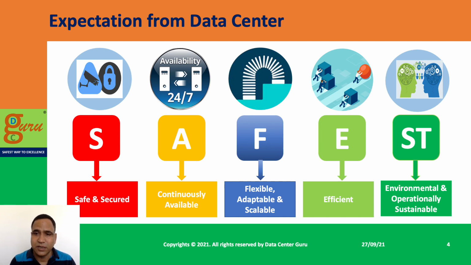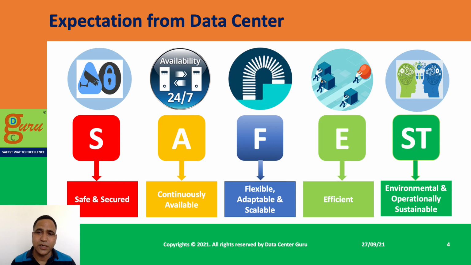A data center cannot withstand interruptions. So the entire infrastructure has to be designed and built accordingly to support this continuous availability. And the entire operations, that means the entire life cycle, has to be made in such a way as to make it continuously available.